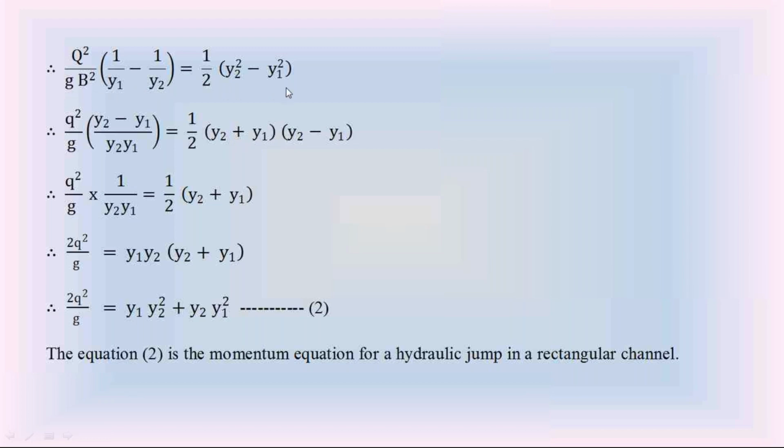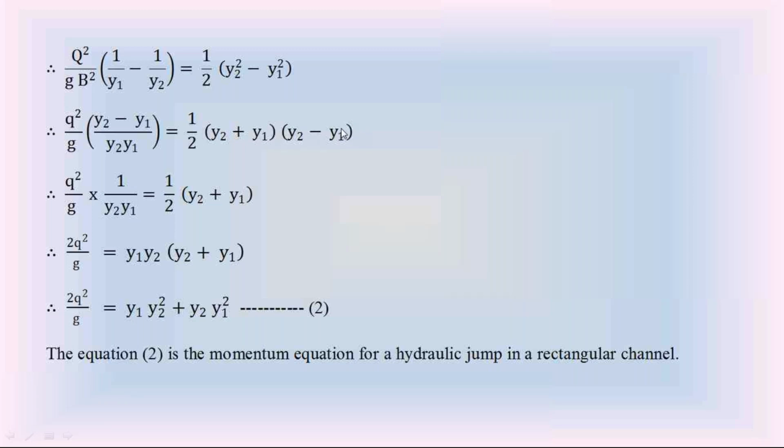Capital Q square by capital B square is small q square, discharge per unit width. Small q square by z into, taking y1 by 2 as LCM in the denominator, the numerator becomes y2 minus y1. Then half into a plus b into a minus b.